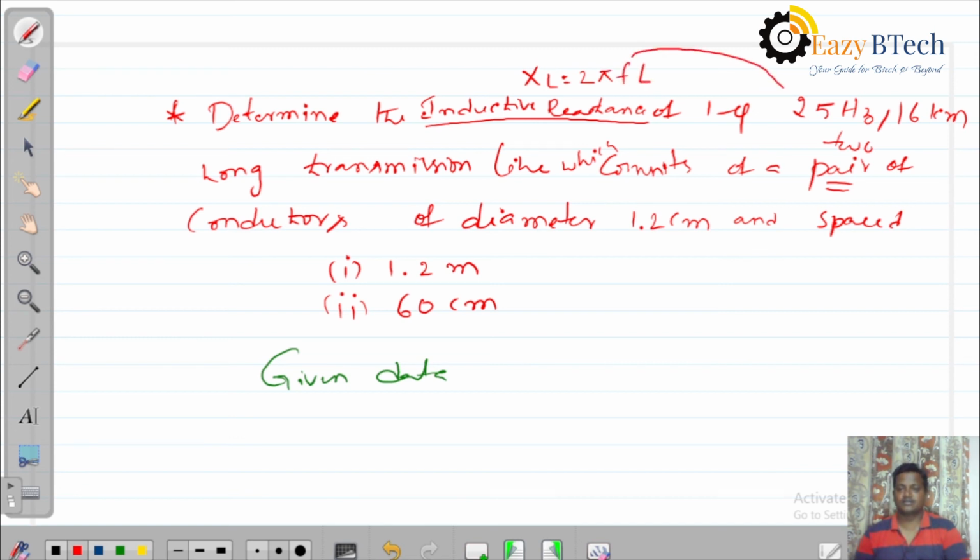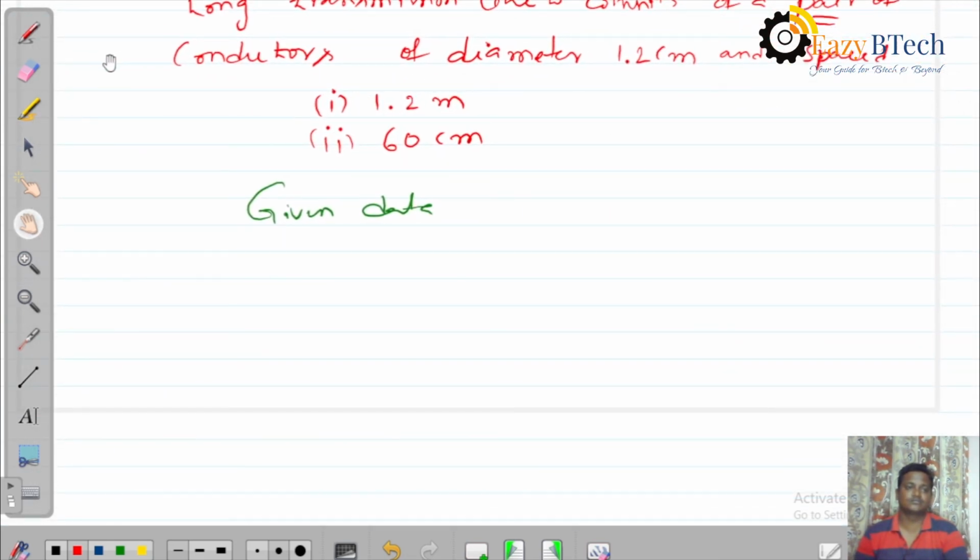The given frequency is 25 Hz, and we know the formula to calculate L. Now go to the given data. The given frequency is 25 Hz. Length of the line equals 16 kilometers.